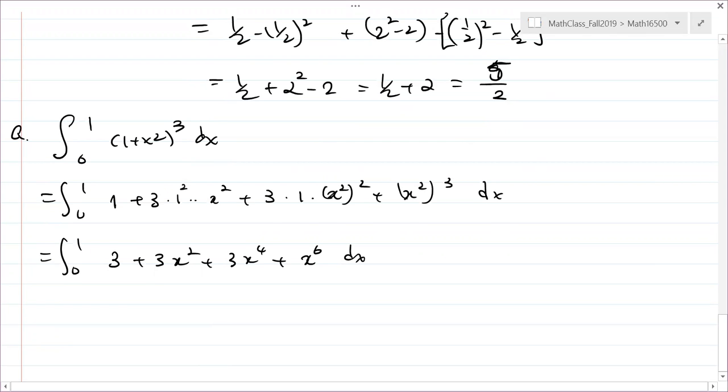Then you find the antiderivative of each of them: x, 3 over 3 x cubed, 3 over 5 x to the fifth, and 1 over 7 x to the seventh. And this antiderivative is evaluated at the endpoints.